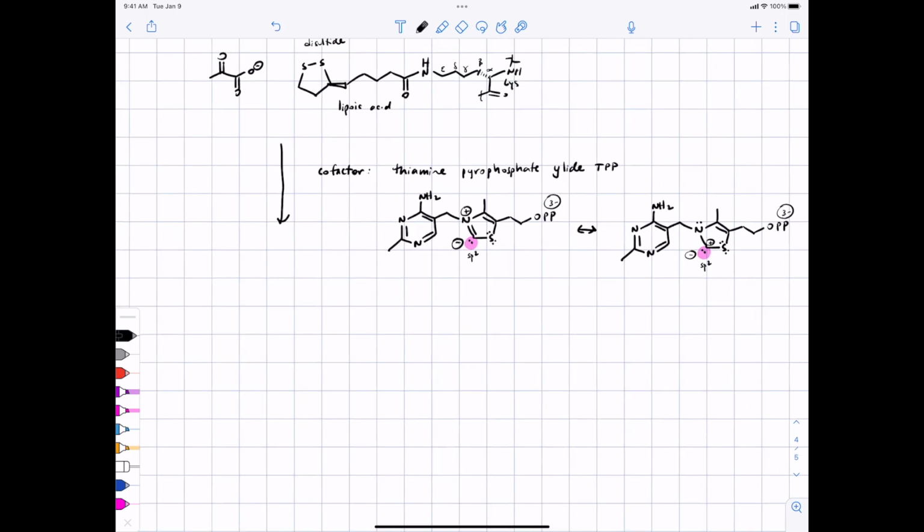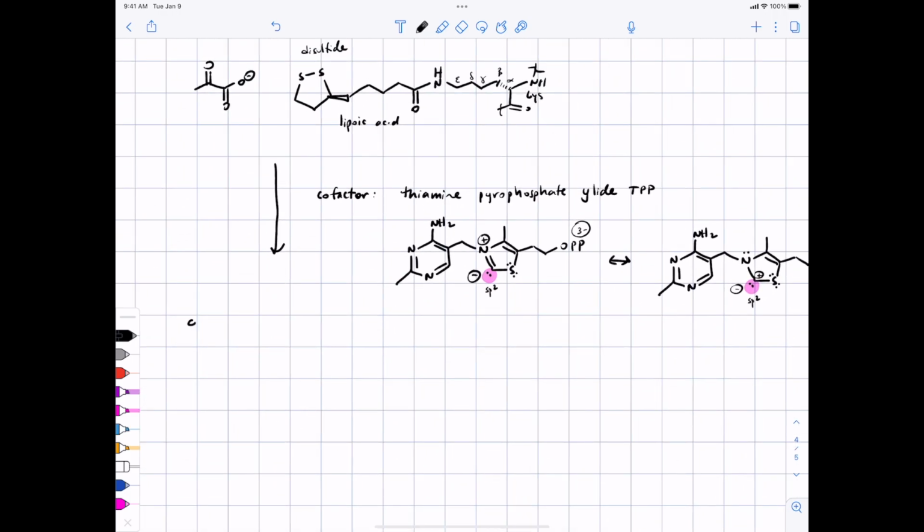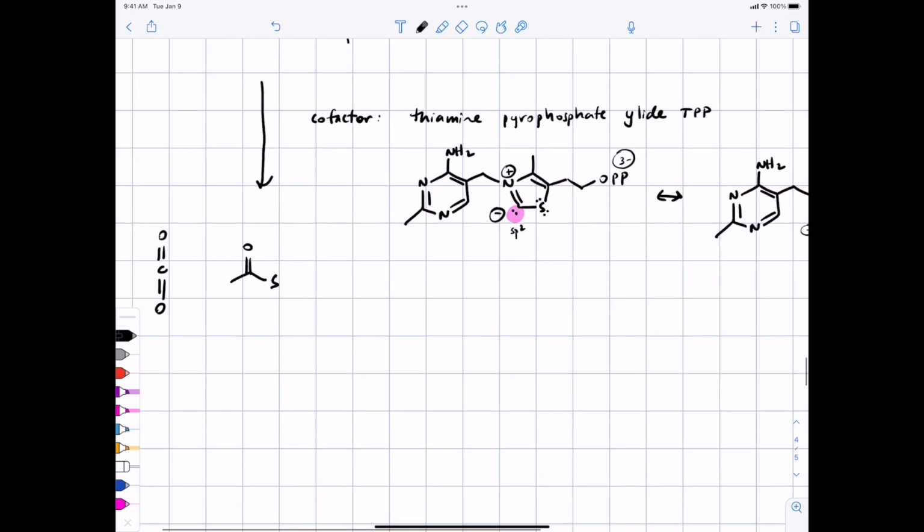When we're done with the reaction, the product is going to be CO2, so we're going to lose this CO2 group, and then the remaining carbonyl group is going to end up attached to the sulfur, one of the two sulfurs of lipoic acid.